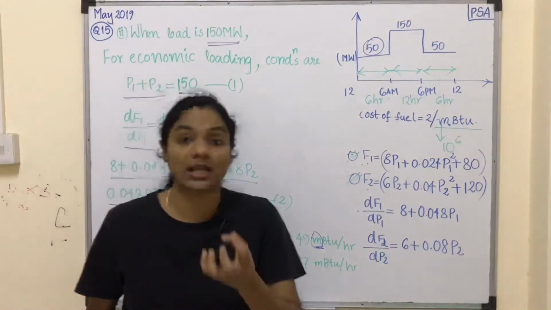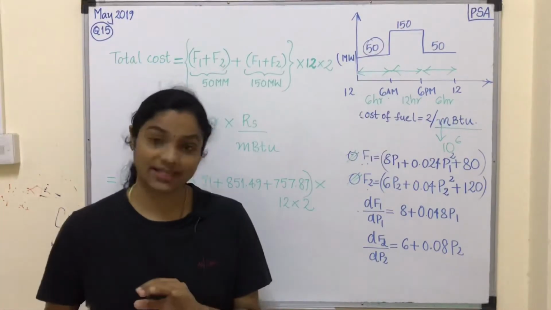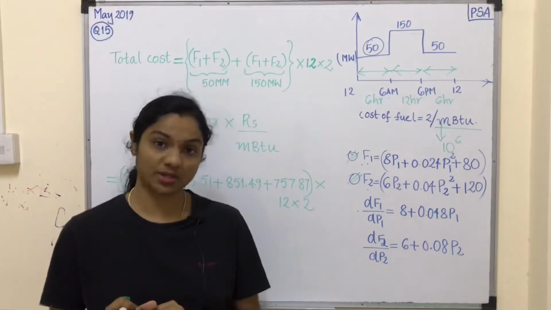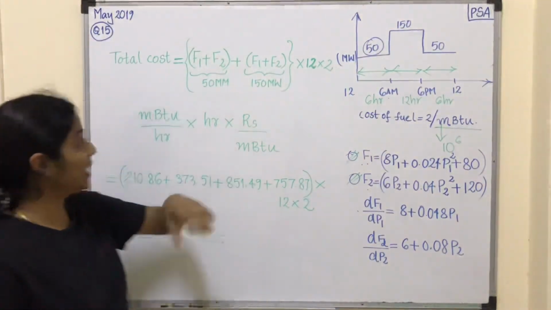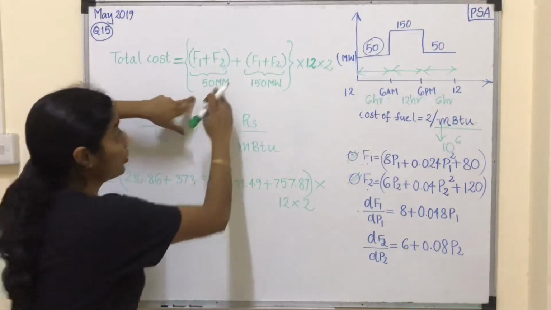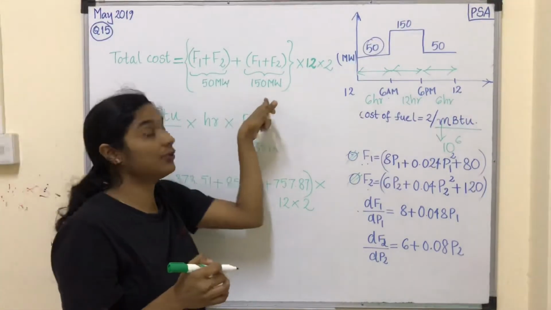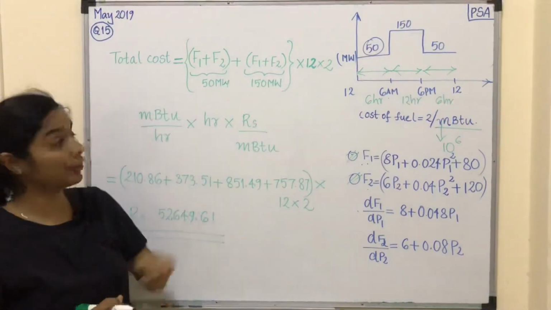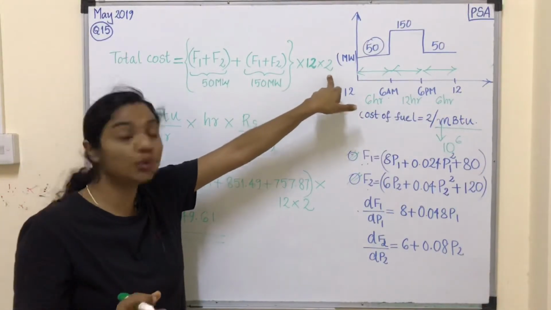Now we have to calculate the minimum cost of generation. So for calculating the minimum cost of generation or total cost, the equation will be F1 plus F2 for 50 megawatt of load, and F1 plus F2 for 150 megawatt of load, multiplied by 12 hours into 2.